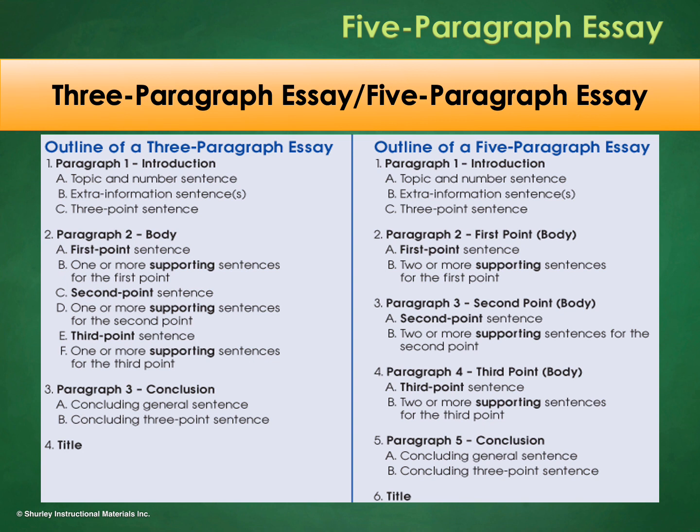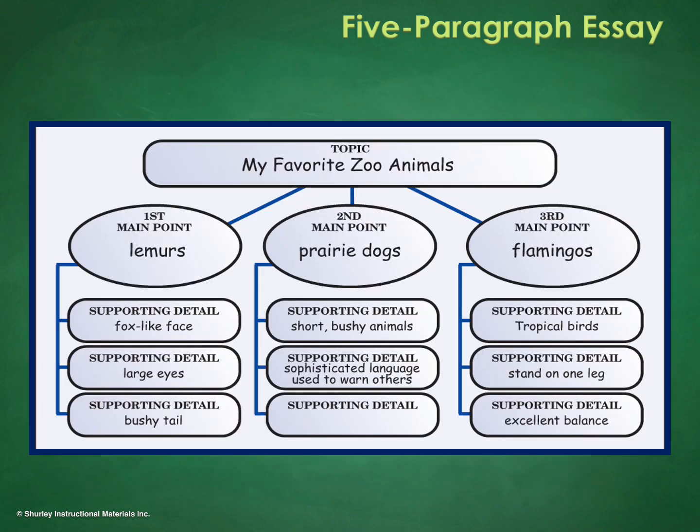You can see, using this visual aid, that the introduction is still the first paragraph, the conclusion is still the last paragraph, but the body of the paragraph has been expanded so that each main point now commands its own paragraph. The same pre-writing map is used for the 5-paragraph essay.